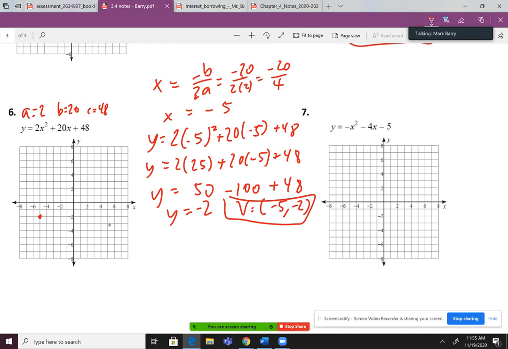All right, A is positive here, so we know it opens up. I can go ahead and draw it here. I see once again we have two x-intercepts. I'm not sure where they are, but we got two of them.